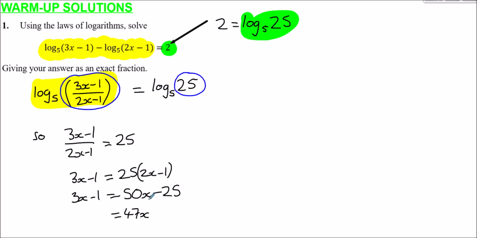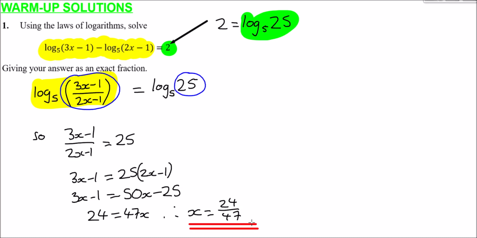Then if I add 25 to both sides, that'll cancel this minus 25 over here. Minus 1 plus 25 gives 24. Therefore, dividing both sides by 47, x is going to be 24 over 47. And we've solved it. So we're off and running. That's the first question done.